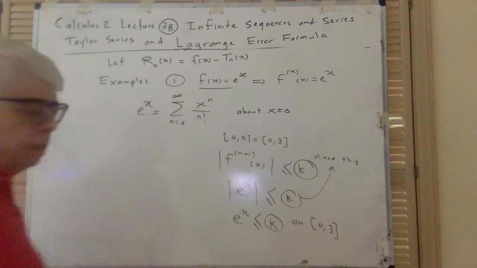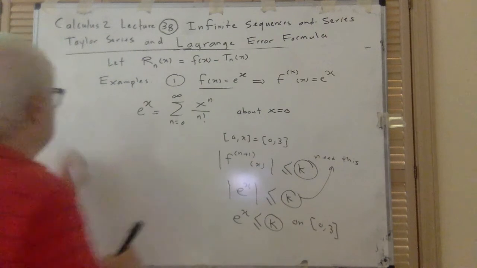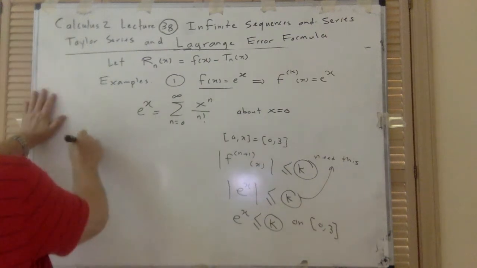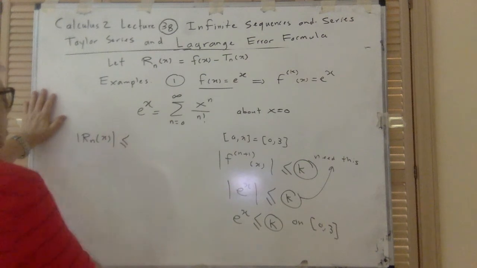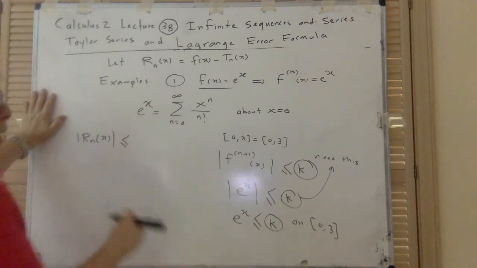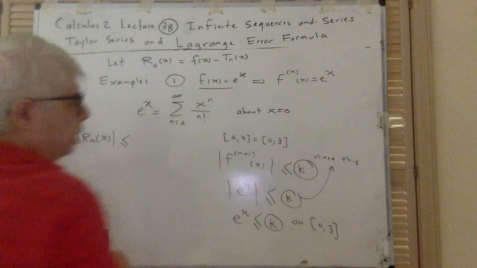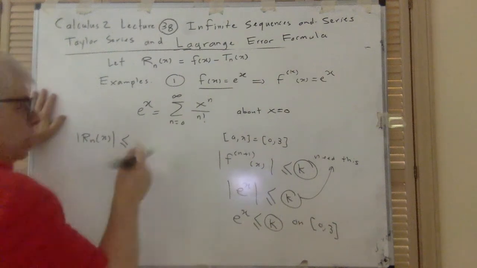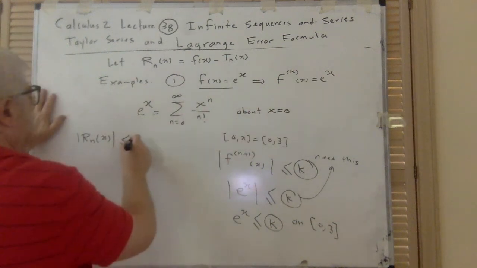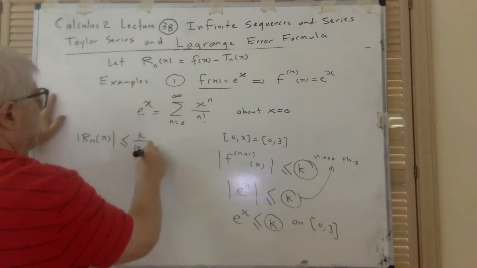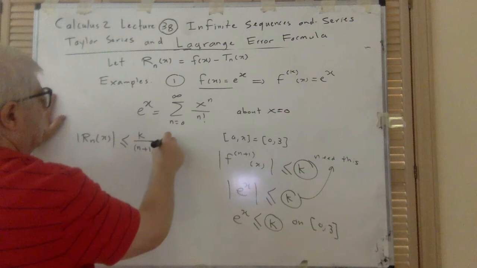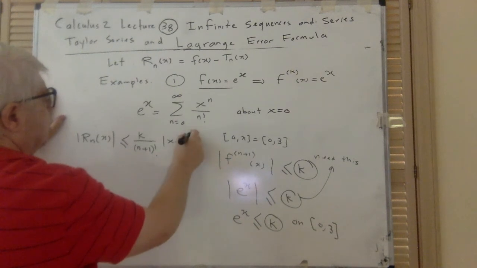So let's write the formula for Rn. Remember, Rn of x is less than or equal to, and this happens for any x between these two, so this is not just for the ultimate x, k over n plus 1 factorial times x minus a to the power n plus 1.